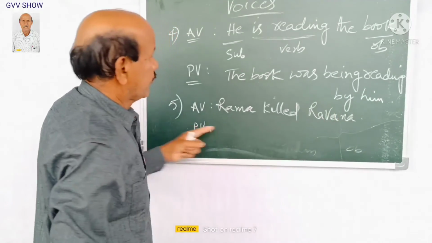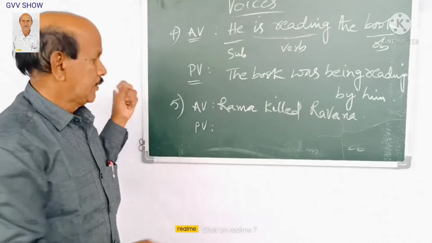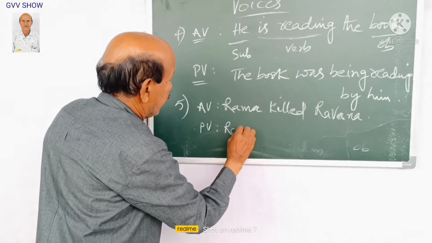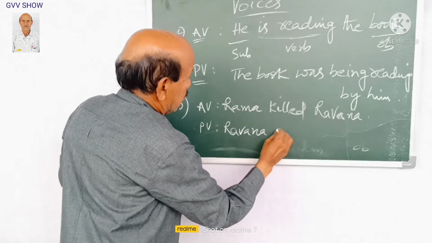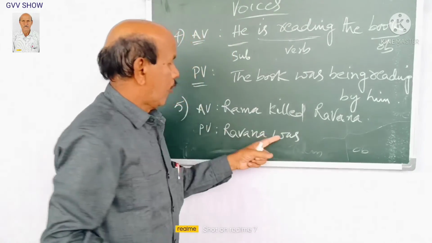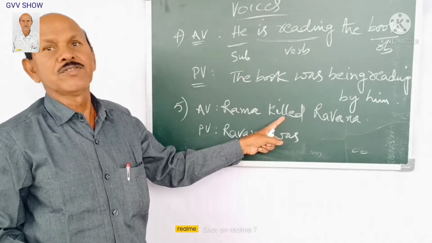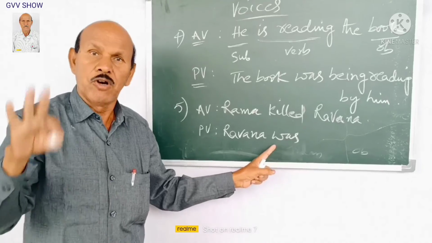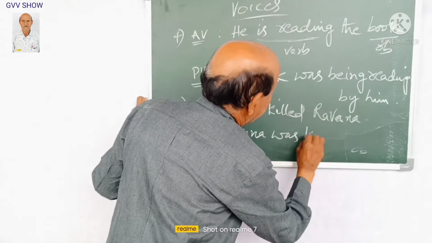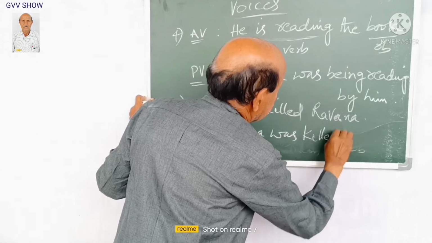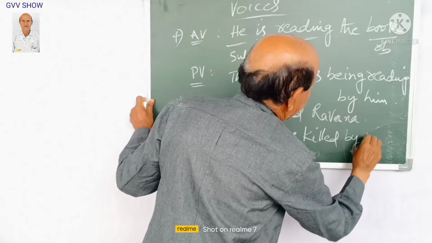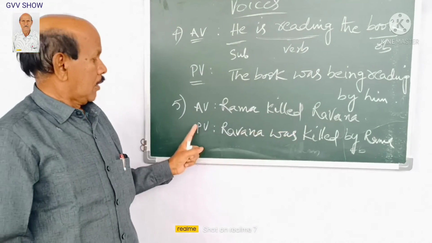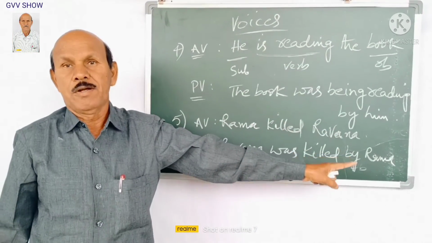When it comes to passive voice, the object will come first. So object Ravana was. Why do I use was? This is a passive sentence. Killed, it comes with ed. That we can change in passive as was. Ravana was killed by Rama. Killed by Rama, this is passive. So Rama killed Ravana is active voice. Ravana was killed by Rama.